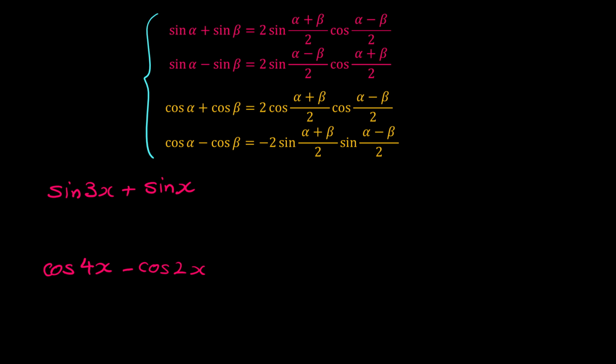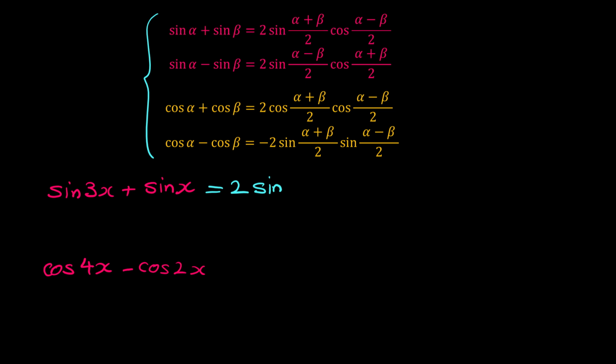Sine of 3x plus sine of x. We want to write this in the product form. Sine of 3x plus sine of x, based on this formula, is 2 sine of the sum of the angles alpha and beta over 2.